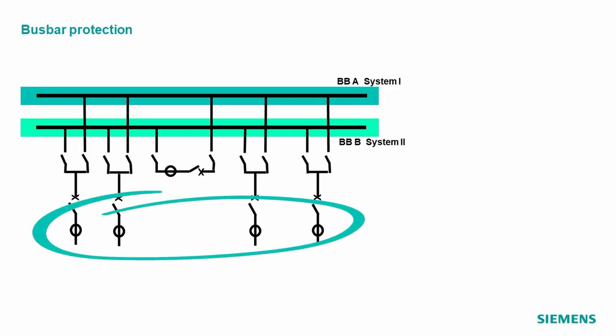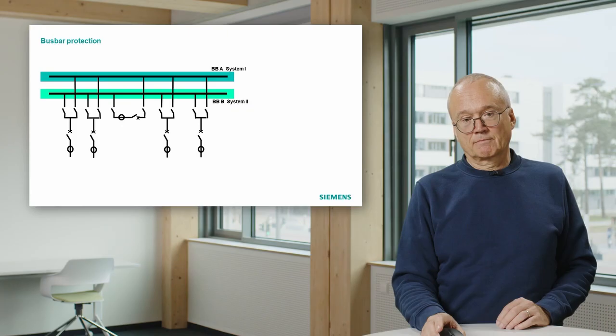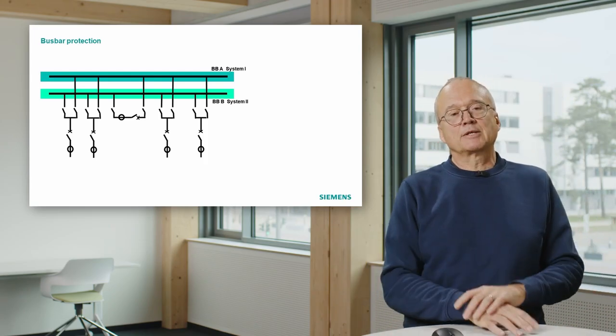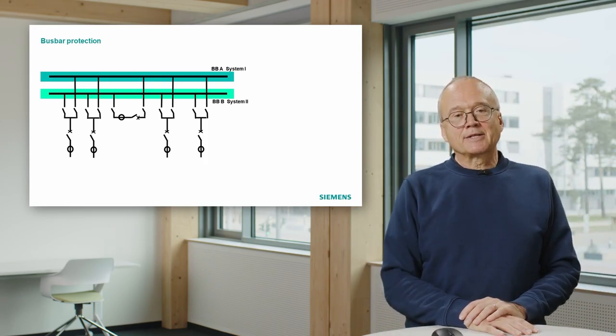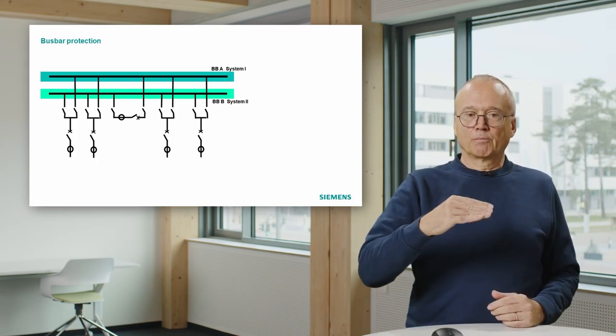You see here 4 outgoing feeders, double busbar, and every feeder has 1 circuit breaker, 1 current transformer, and every feeder can either be connected to busbar A or to busbar B, depending on the position of these isolators. Or even both isolators are closed in special situations. And of course, we want to apply the differential principle separately for both busbars.